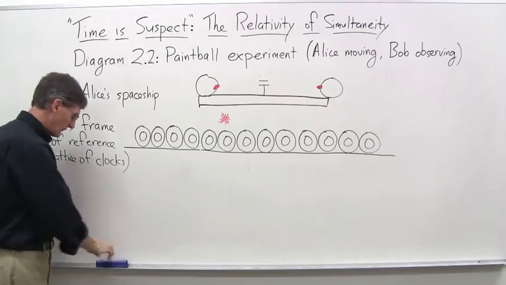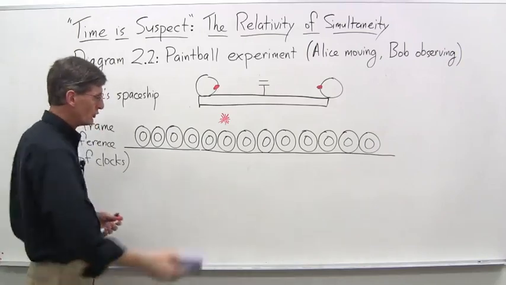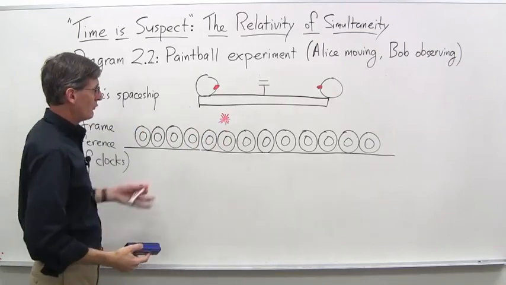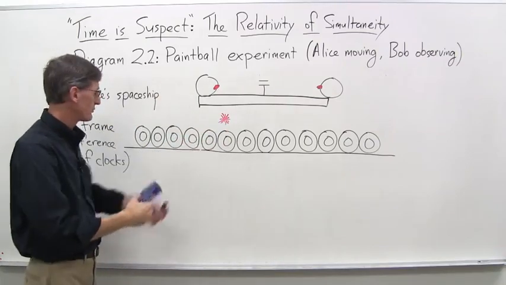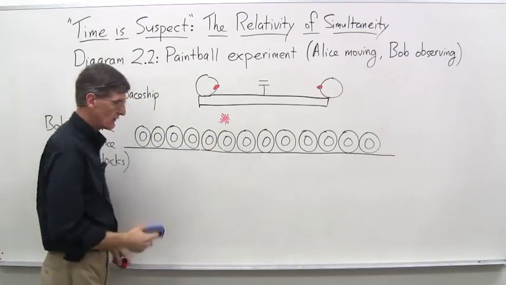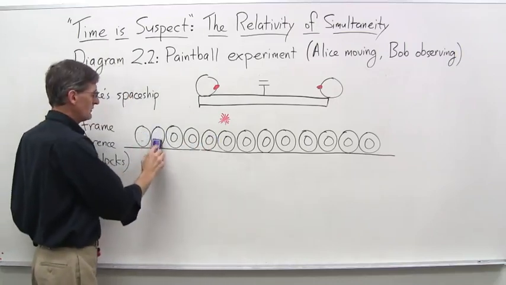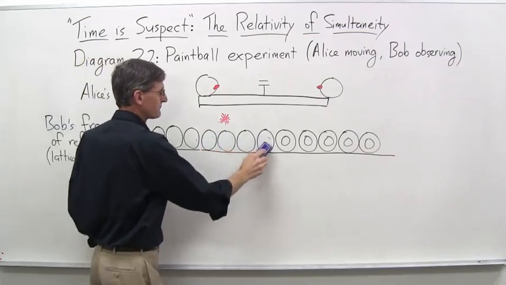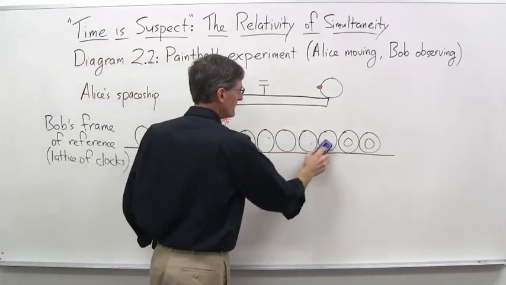Actually, one thing I forgot to do, and you probably saw it on your diagram, is that as we went to that middle situation where the paintballs were in transit, we should have changed the times on the clock here for Bob. So we'll just do that. You can see it on your own diagram there.